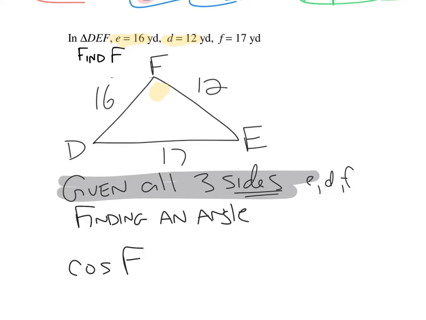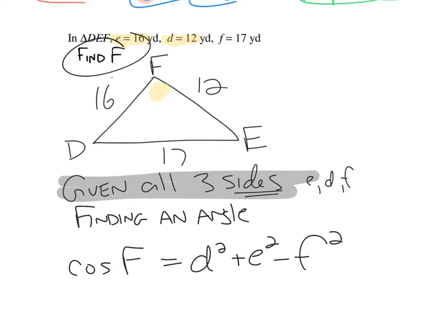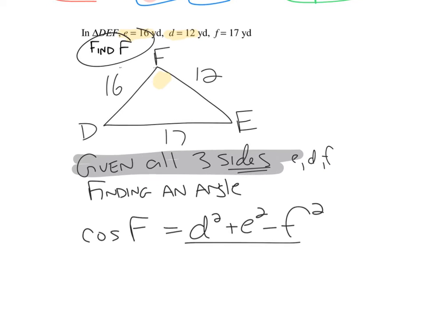So I'm going to write the cosine of angle F, because that's what I'm solving for, equals the other two sides, D squared plus E squared, minus F squared, over 2 times the other two sides. So since we're finding angle F, we're using side F once, and we're using the other two sides, D and E, twice.